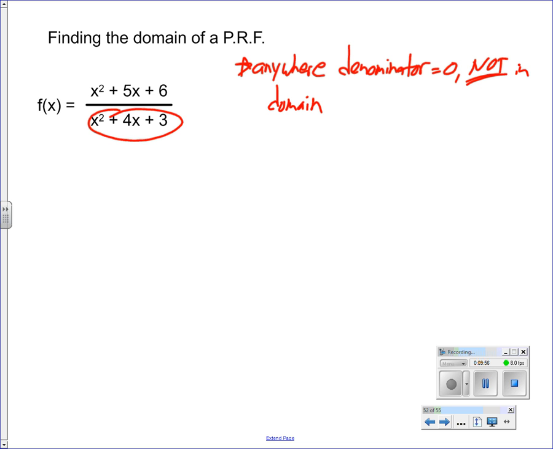So if we find the zeros of the denominator for a polynomial rational function, that will tell us values that are not in the domain for the function. These are called points of discontinuity. Points of discontinuity, they're breaks in the domain.